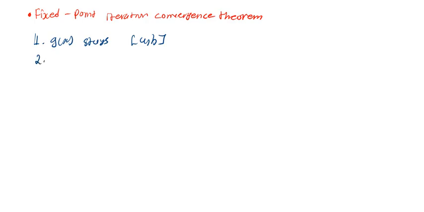The second thing that you do is you check the derivative, because remember, in the second part of the conditions we said there exists a constant k, where 0 is less than or equal to k less than 1, such that the absolute value of g prime of x is less than k.